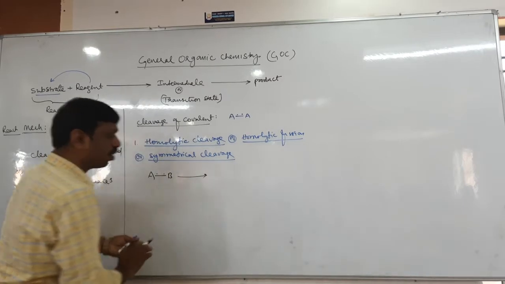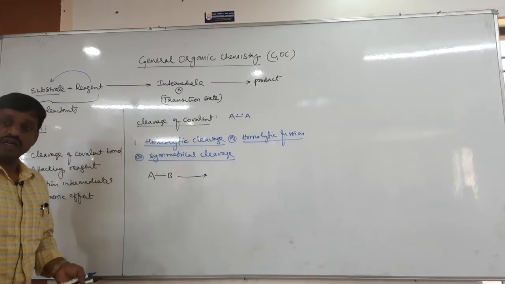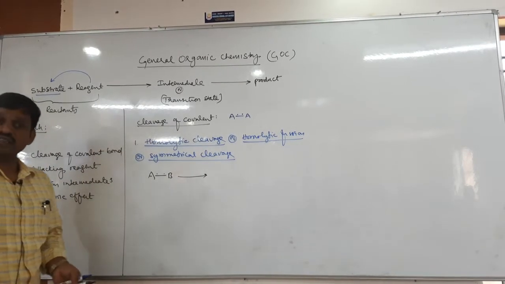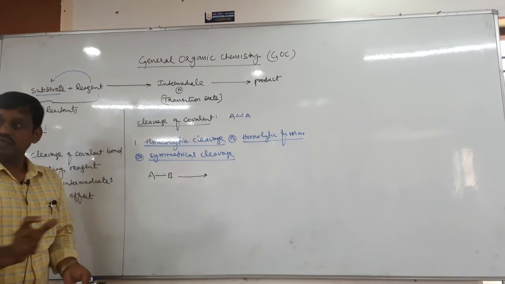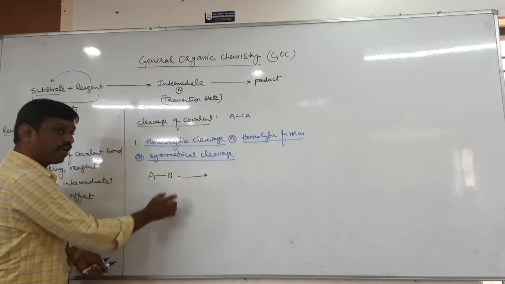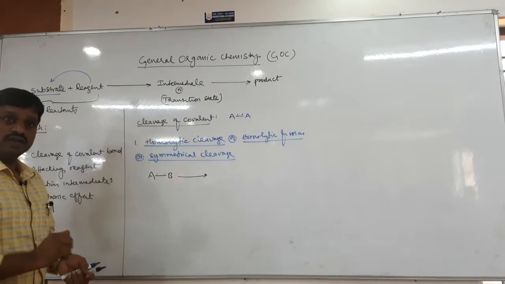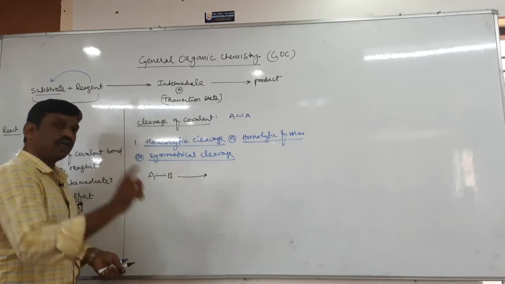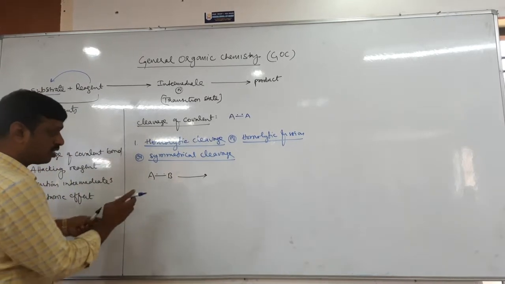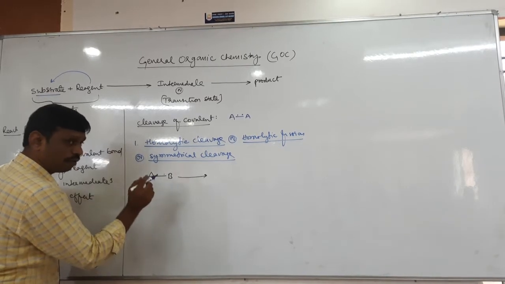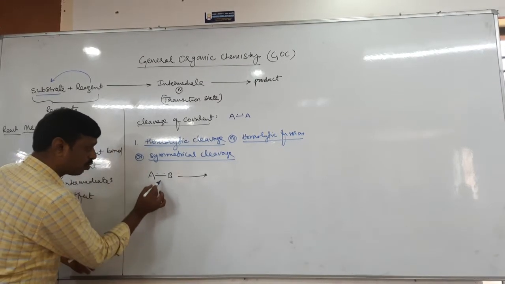It is called homolytic cleavage when the cleavage of the covalent bond takes place in such a way that each bonded atom gets one electron. It means the bond has to cleave in between the two electrons like this.